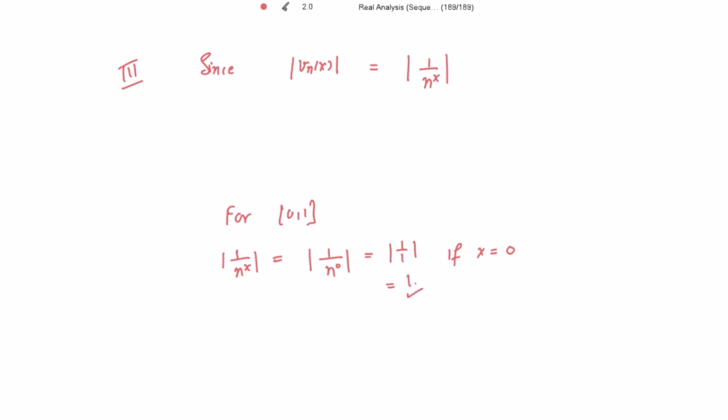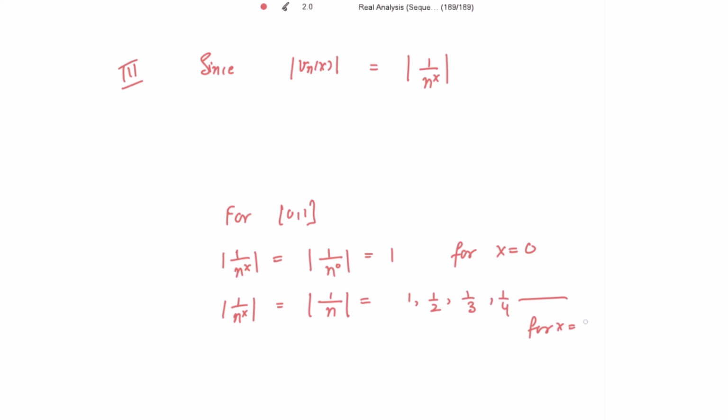So there is a possibility that this mod can be equal to 1, and that happens when x is equal to 0. Because of the closed interval, I can take x equal to 0 and also x equal to 1. For x equal to 1, the mod is 1 divided by n, where n is a natural number, so you can get 1, or 1 by 2, or 1 by 3, or 1 by 4, and so on.